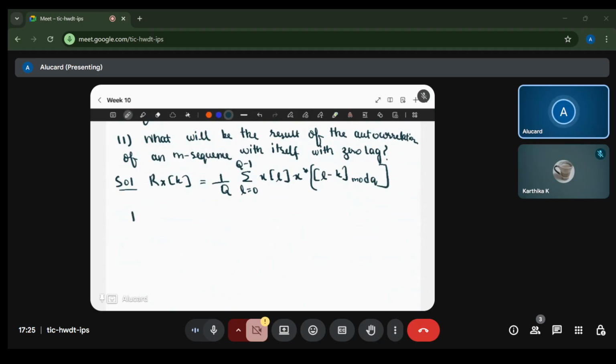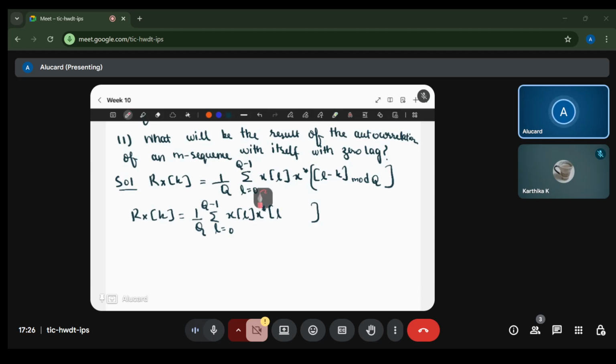And if the lag is 0, Rx of k is 1 over q, summation 0 to q minus 1, x of L times x conjugate of L, mod q.